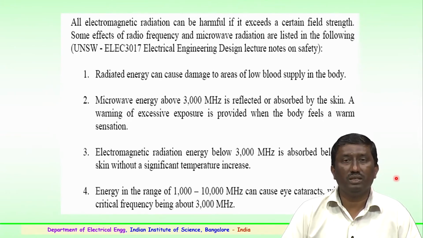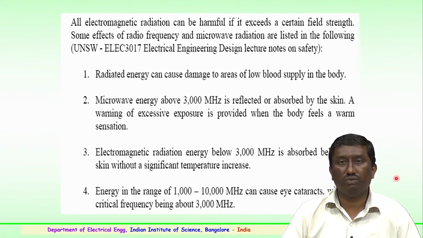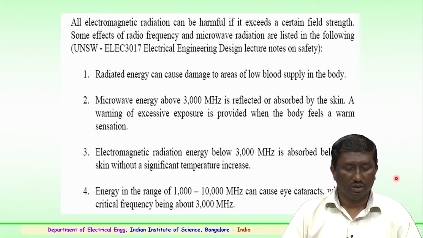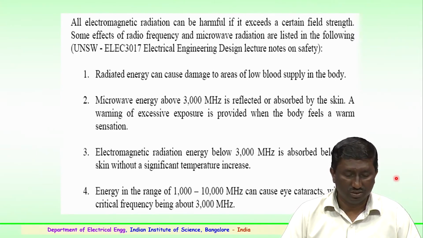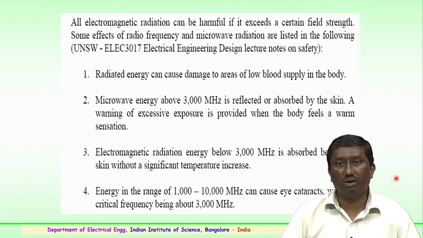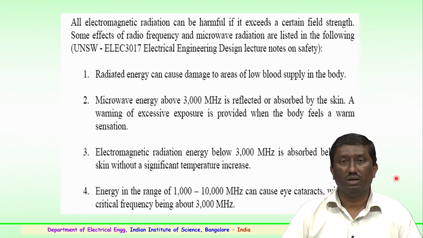The radiated energy, when exposed for a long period of time, could cause damage to areas of low blood supply in the body. Microwave energy above 3000 megahertz is reflected or absorbed by the skin. A warning of excessive exposure is provided when the body feels a warm sensation.